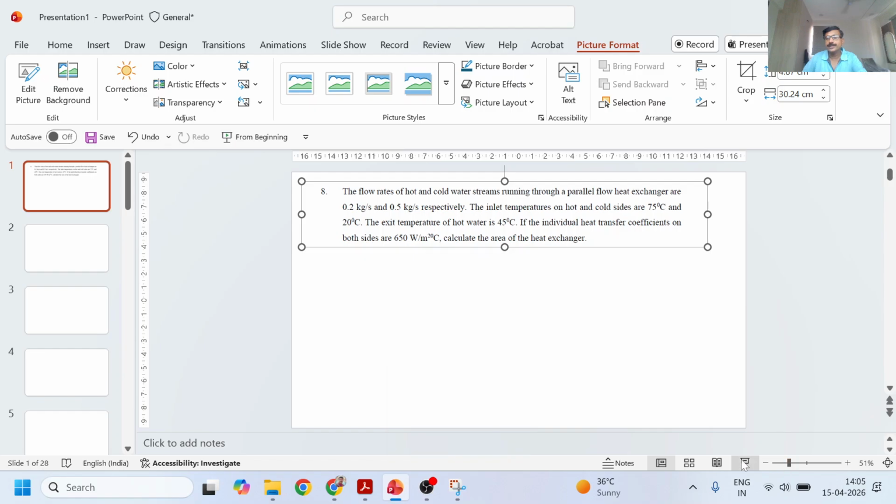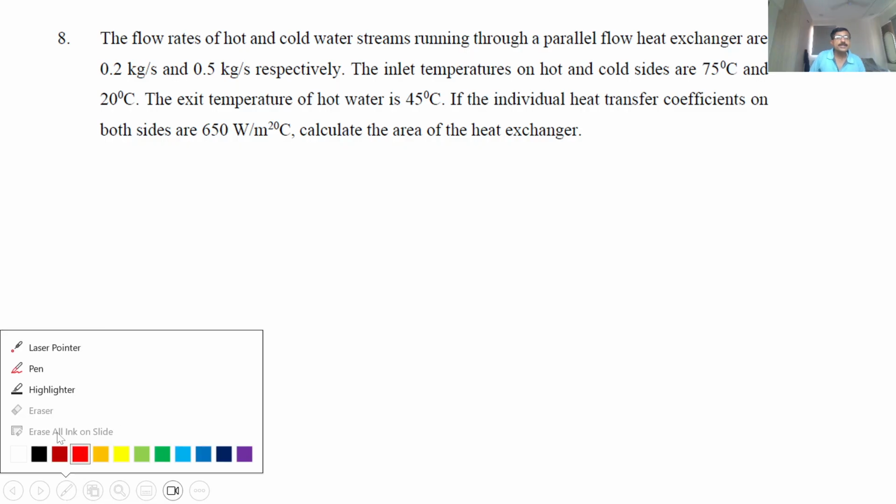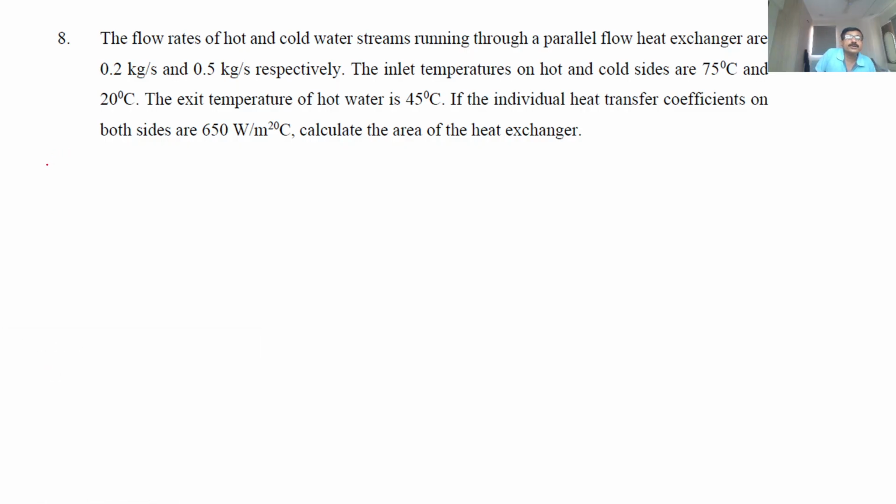I'm checking whether the recording is on or not. Okay, fine. So let's interpret the data from the given problem. Whenever you are seeing a heat exchanger problem, it's very important to identify the type. Generally, the numericals in examinations are asked on parallel flow heat exchanger, counter flow heat exchanger, condenser or evaporator.